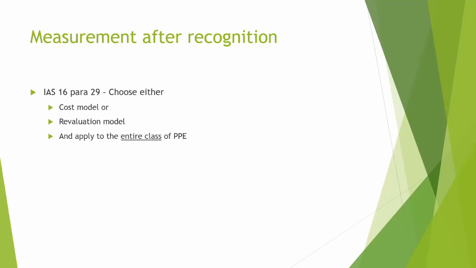Okay, that is not acceptable according to the measurement criteria. The measurement criteria indicate that it needs to be applied to the entire class of property, plant, and equipment. So that means all land would be on the revaluation model, and all land will be on the cost model if we choose the cost model.